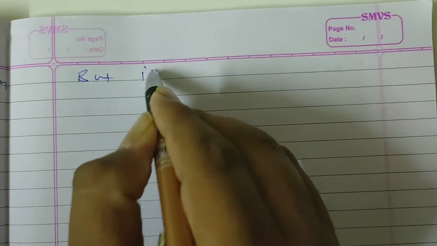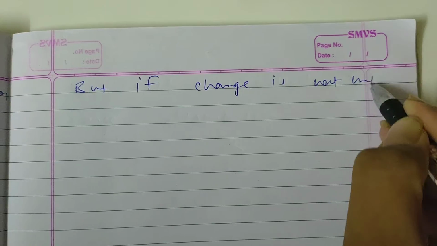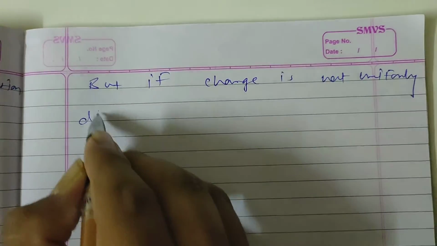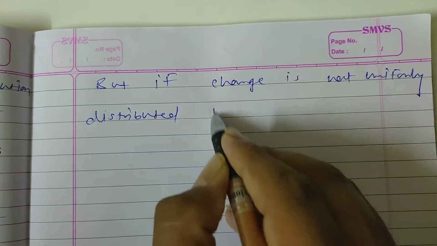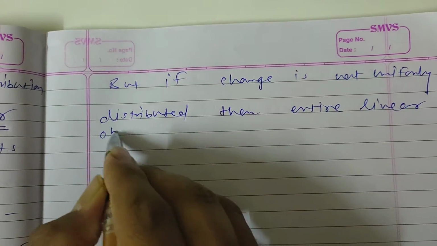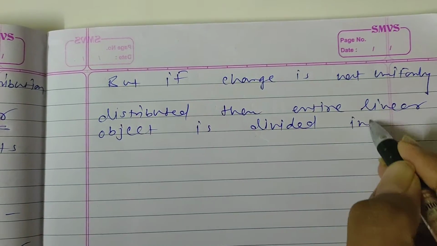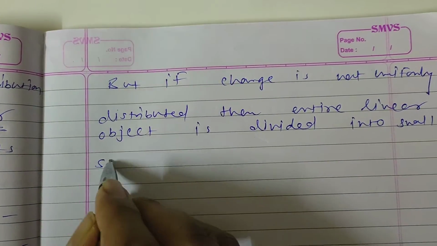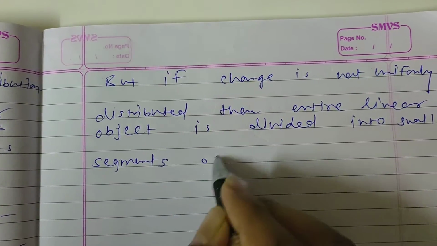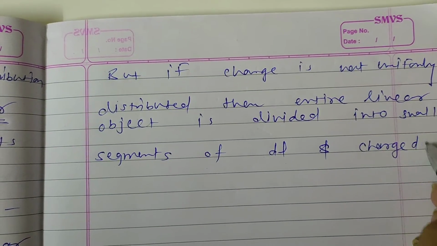But if charge is not uniformly distributed, then the entire linear object is divided into small segments of length dl and charge dq.